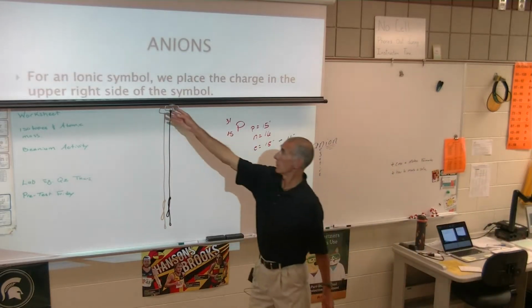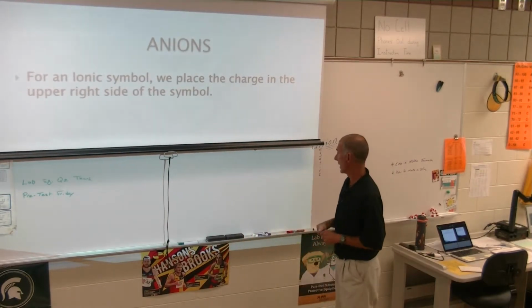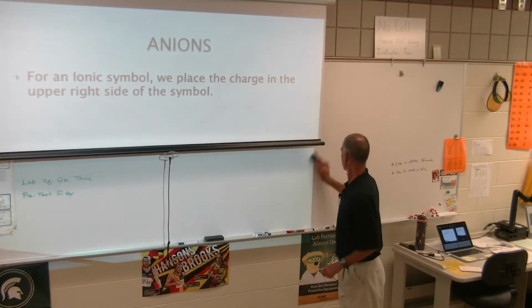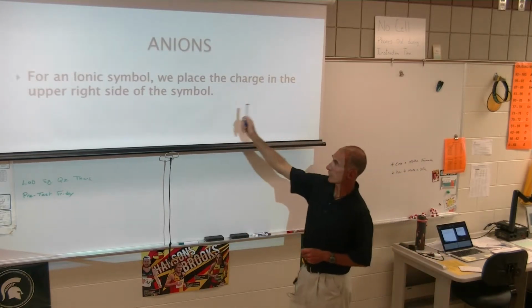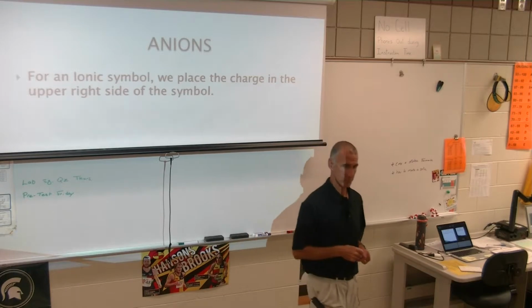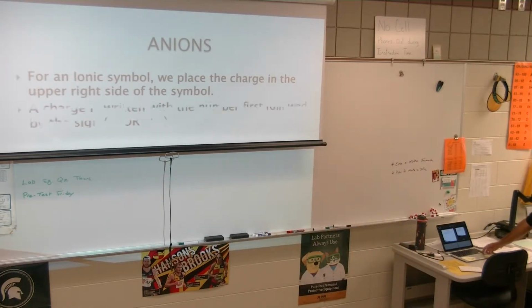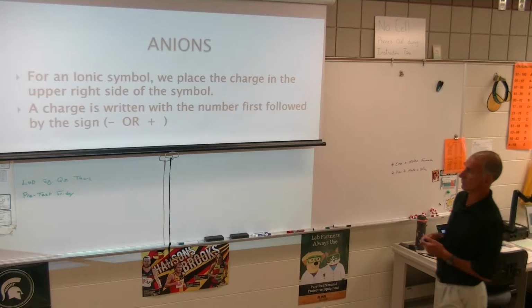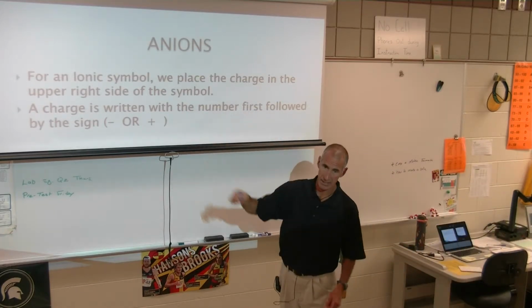So when we write our symbols, how do we write an ionic symbol? We're going to place a charge in the upper right side of the symbol. When we write the charge, the number comes first, followed by the sign.